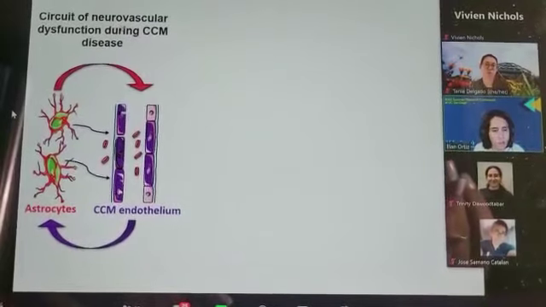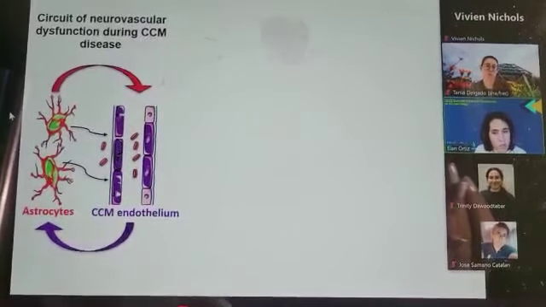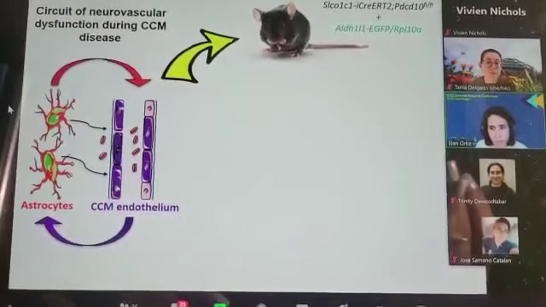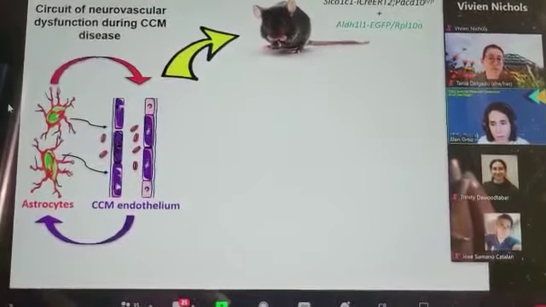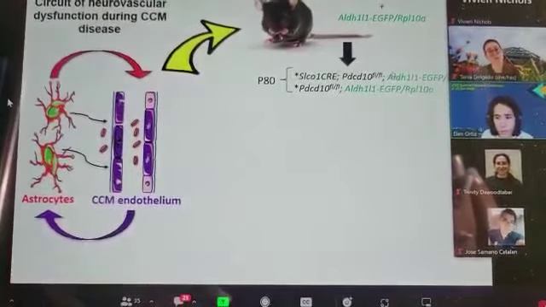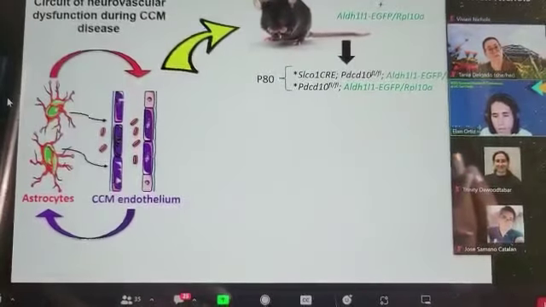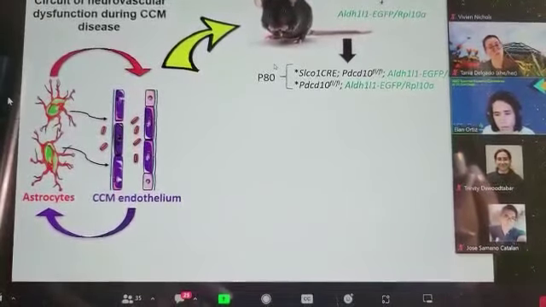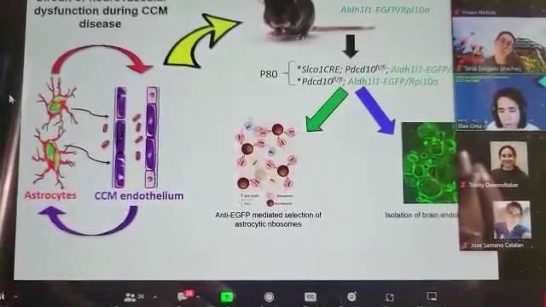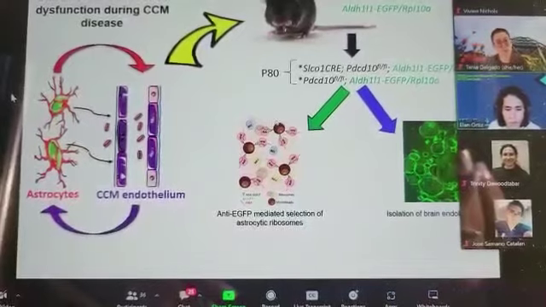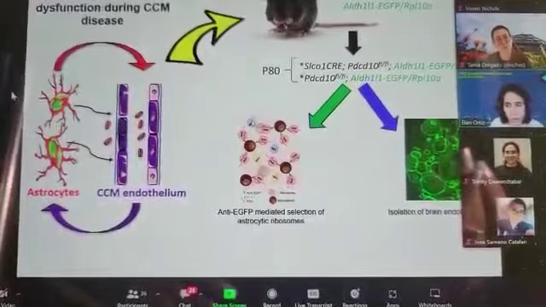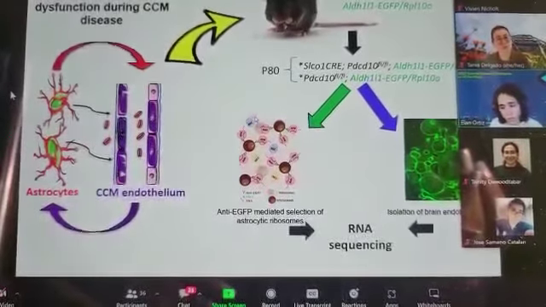And basically how we study this is by crossing our experimental model, the PDCD10 flox model, with our ALDH1L1 EGFP line, because these have tagged ribosomes that, when we harvest the brains at P80, we can see here that the isolated brain endothelial cells are green, as well as any EGFP-mediated selection of astrocytic ribosomes, which we can both harvest and use for RNA sequencing.